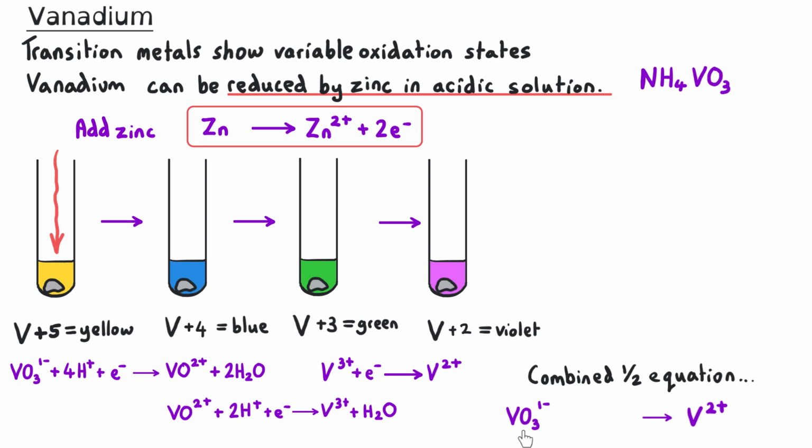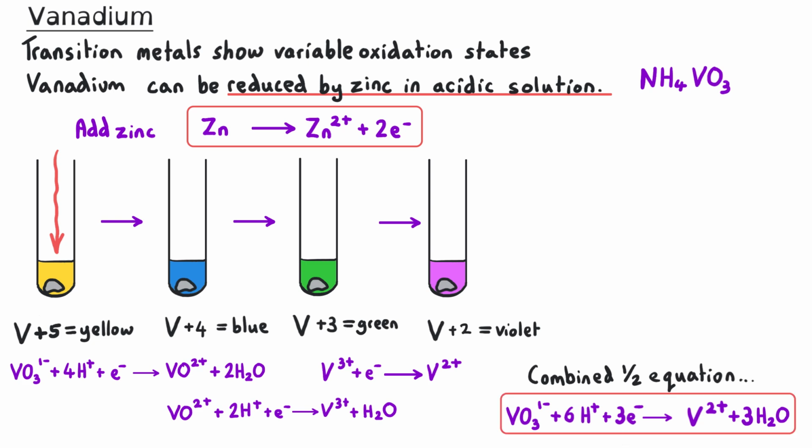To balance for oxygen atoms, we need to add 3 water molecules to the right-hand side, and then to balance for hydrogen, we add 6H+ to the left-hand side. And then to balance for charge, we need to add 3 electrons to the left-hand side. A number of these reduction half equations take place in acidic solution. You can tell that from the presence of the hydrogen ions.